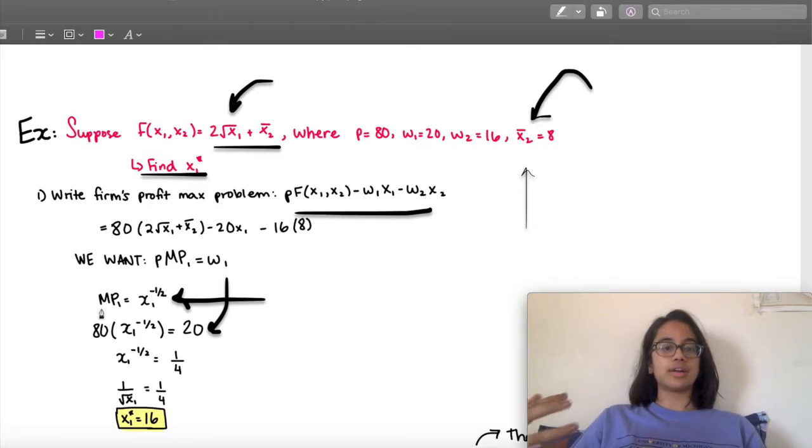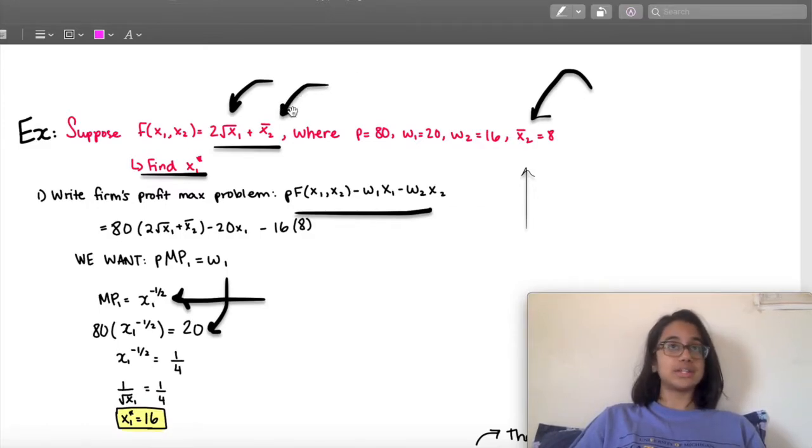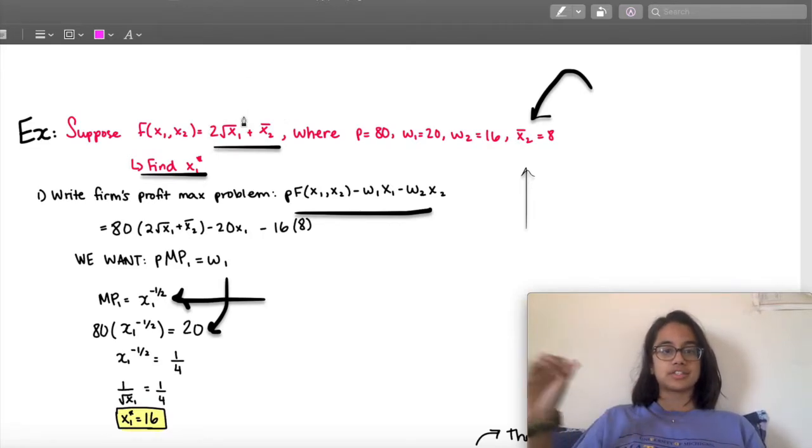That's our marginal product of good one. You don't need to take the derivative of good 2, because that's a constant. This is just basic calc. When you take the derivative of 2 times x to the 1/2, which is the same as the square root of x, you end up with x to the power of -1/2.